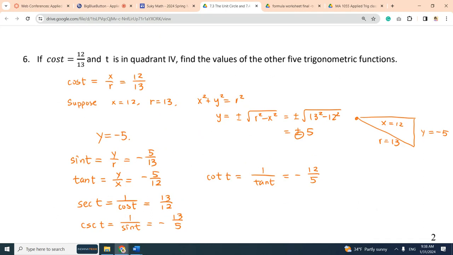I mean, if the point is not the origin, then your r is positive. If your point is at the origin, then your r is 0. But r is not negative. Okay. So, any questions about this problem? All good? All right, let's continue.